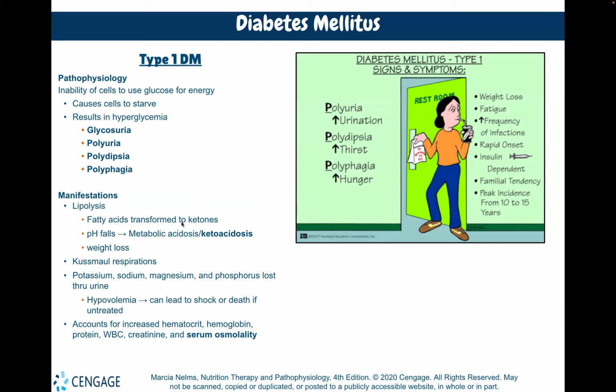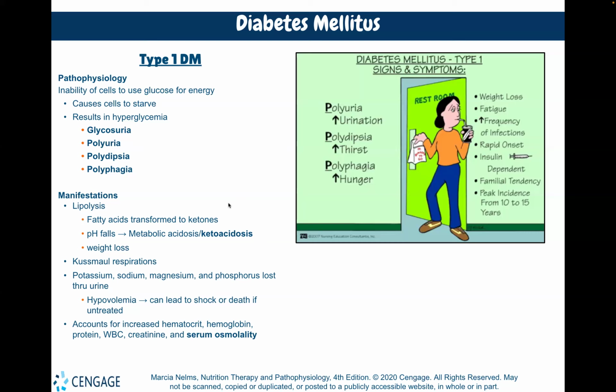And so if they can't utilize glucose, their body has to switch to, or their cells have to switch to using fat. Now, what can then happen is this can escalate even further, and they will start to produce ketones. Now, this is a very common occurrence in a young adolescent who is diagnosed with type 1 diabetes. They may have an illness, they start to drastically lose weight, and then we go and check their A1C, and believe it or not, they have type 1 diabetes.